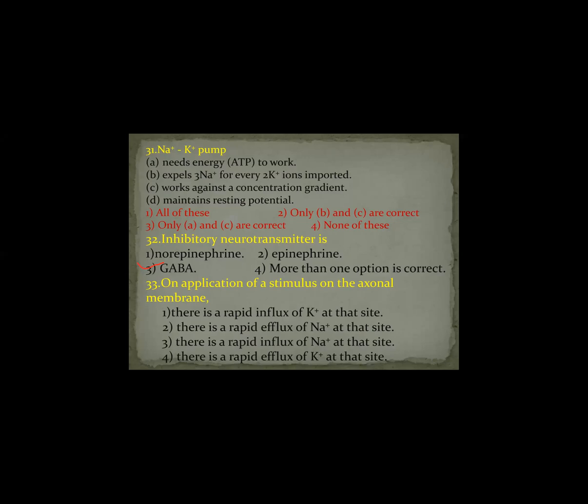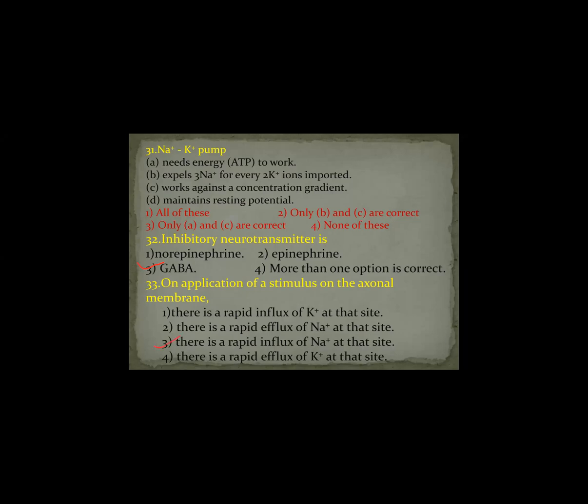When we provide a stimulus to a particular segment in the axonal membrane, at that site it leads to the opening of sodium voltage gated channels. Then rapid influx of sodium ions takes place at that site.